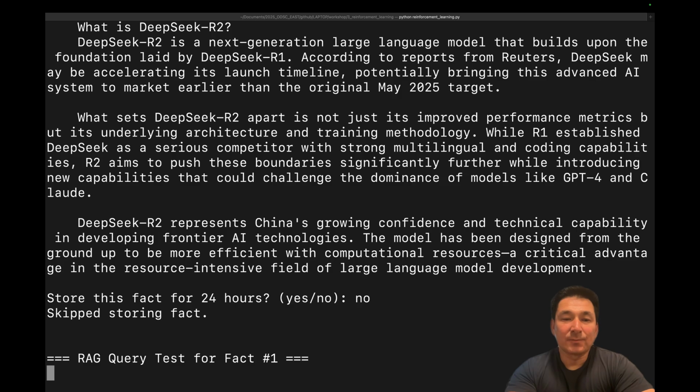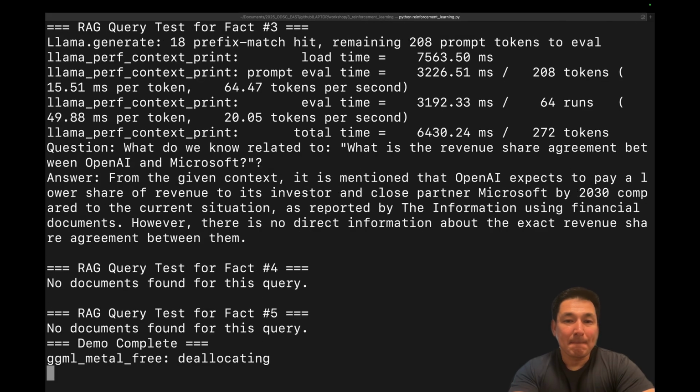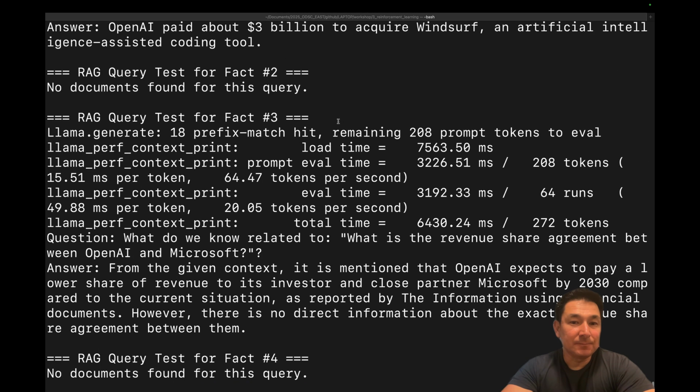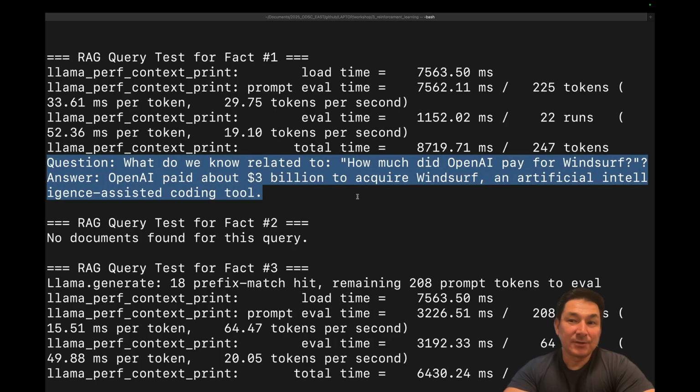Now what's happening here is we basically have predefined questions that relate to each one of those articles. And we're going to query our agent to determine whether or not that particular fact is now in our short-term memory. And you can see here, for our fact 1, we actually have a question related to how much did OpenAI pay for windsurf.